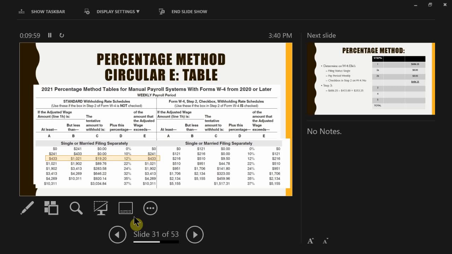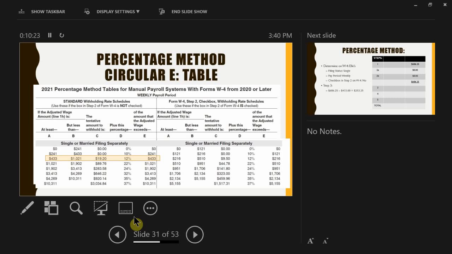Any dollar over that is going to be subject to a 12% tax. So we're going to take my $686, and this is what we're going to do. We're going to subtract E, multiply by D, and then add C. Now, what the heck does that mean?